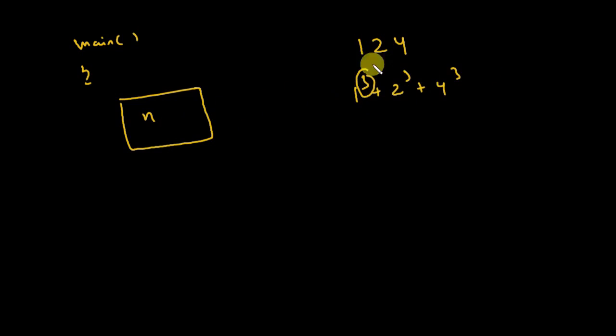Now I have to do this whole operation. I have to do the power operation and we have to add the results to each other. So how can we develop it? First of all, we have to divide this number. So how can we divide this number? We can simply write x equal to n, which means I don't want to change the number, and I'll write while x.